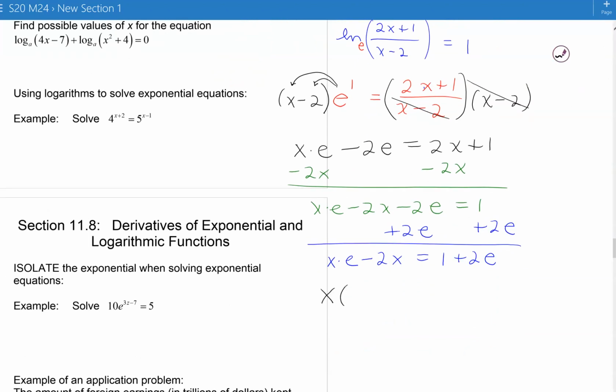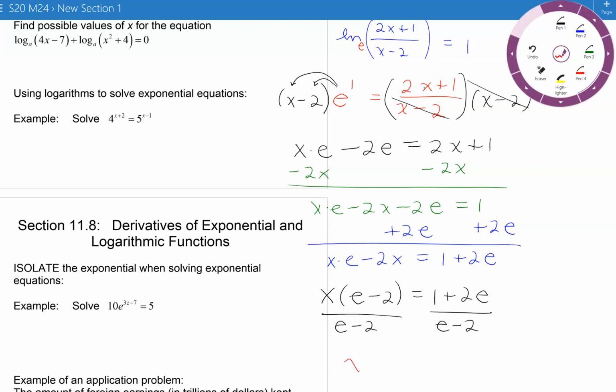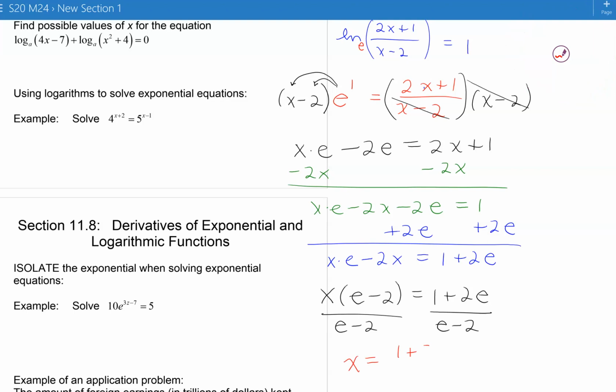Factor out the x and divide both sides by e minus 2. And you'll get your final answer that x equals 1 plus 2e over e minus 2.